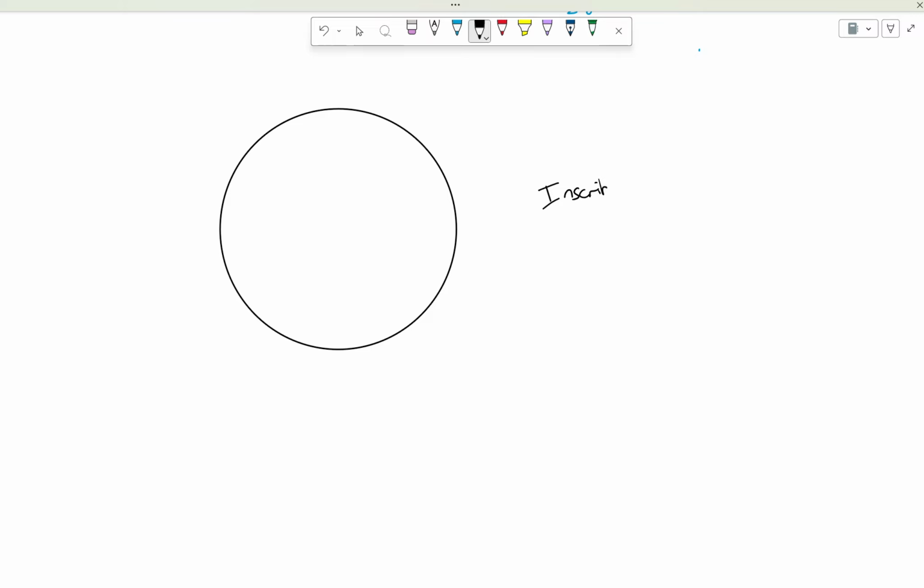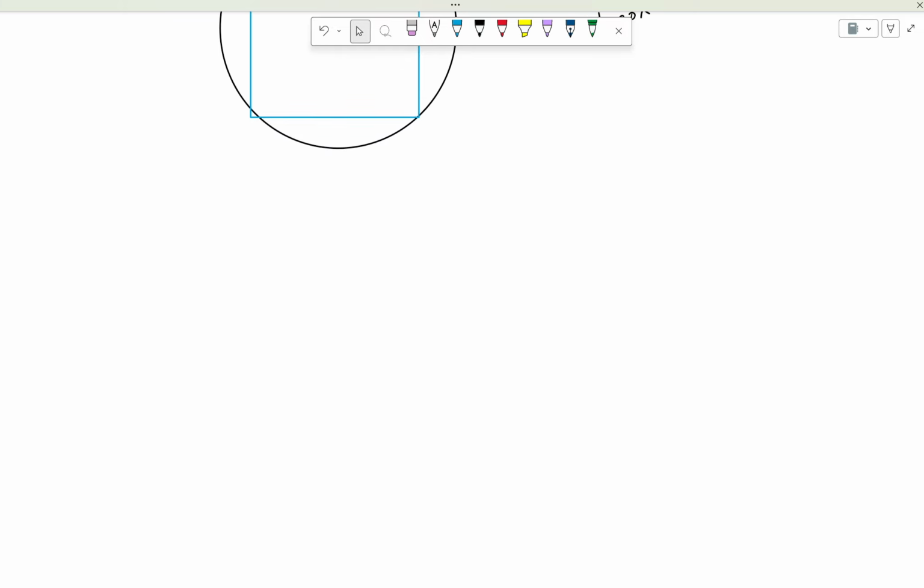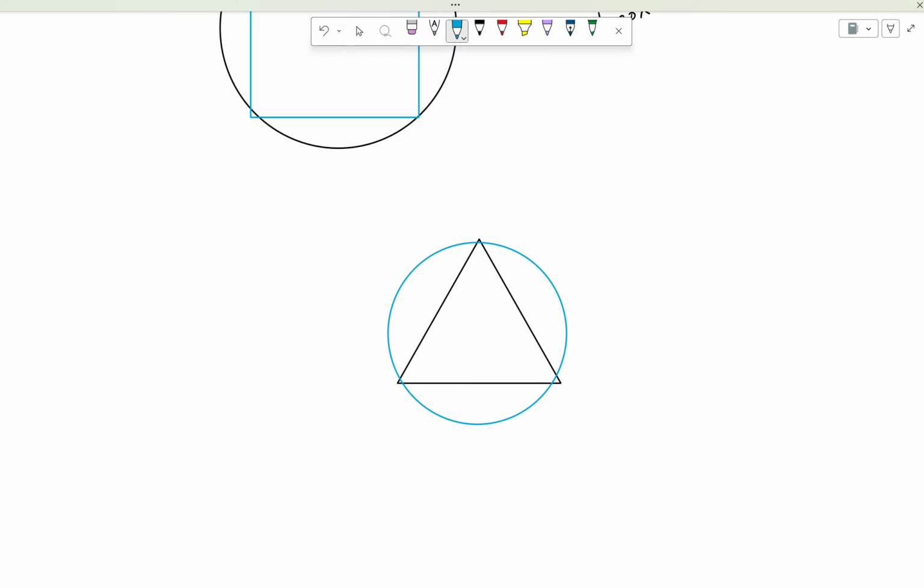Here they are. This is an example of what is called an inscribed polygon, okay? We're going to inscribe it into the figure, into the circle, right? Versus if we have a circumscribed, what we have here is that first comes this triangle, and then we're going to create the circle around it, okay?